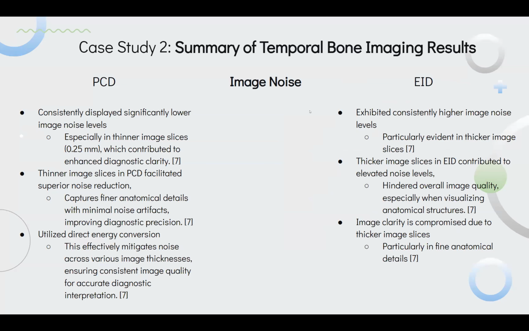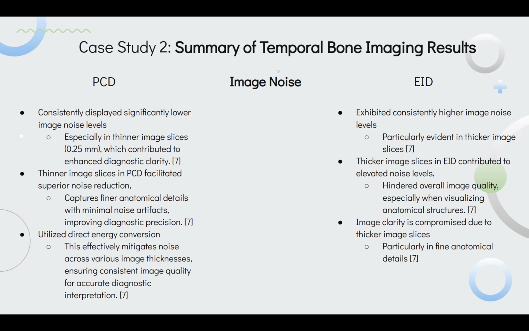And then this would be a slide just summarizing the key facts on image noise and what we learned. Pretty much, we were able to consistently display significantly lower image noise levels, and the thinner image slices in PCD facilitated superior noise reduction, which would minimize noise artifacts.